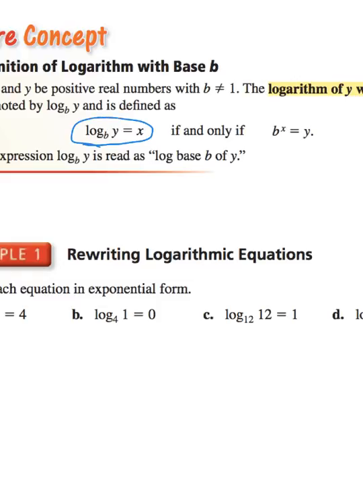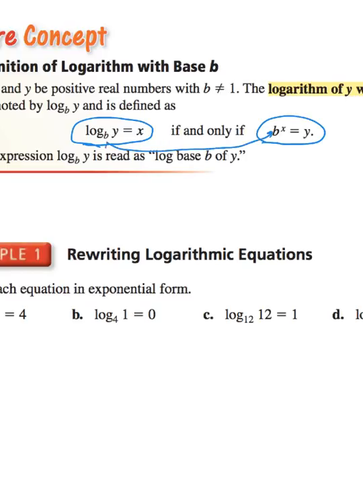Log base b of y, that's what this is called, what I just circled. Log base b of y equals x means the same as b to the x equals y. What I want you to notice is when we go from logarithmic form to exponential form, the bases are the same.